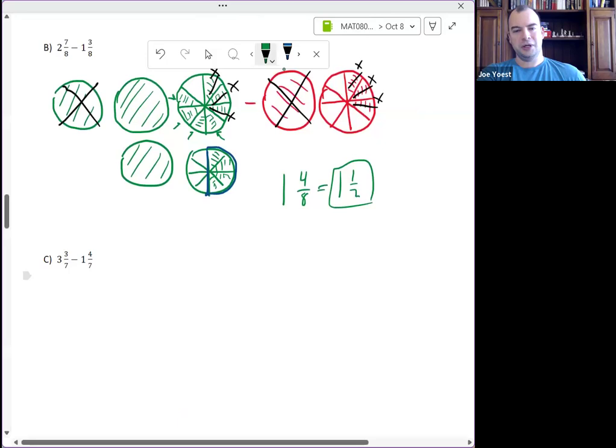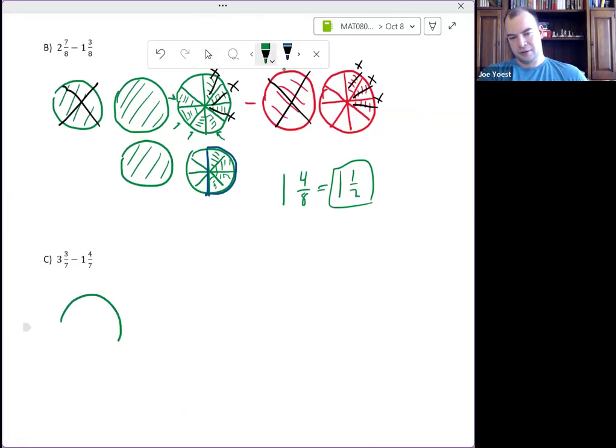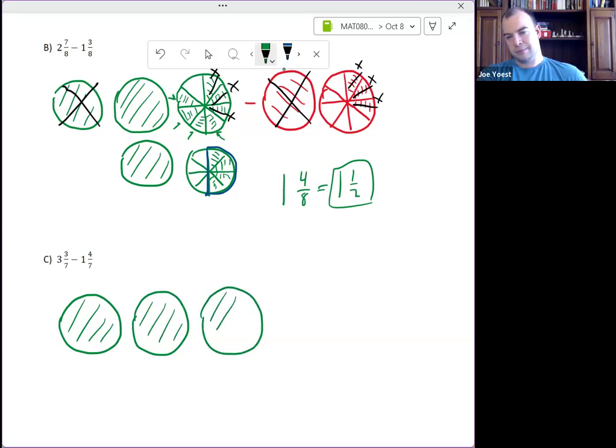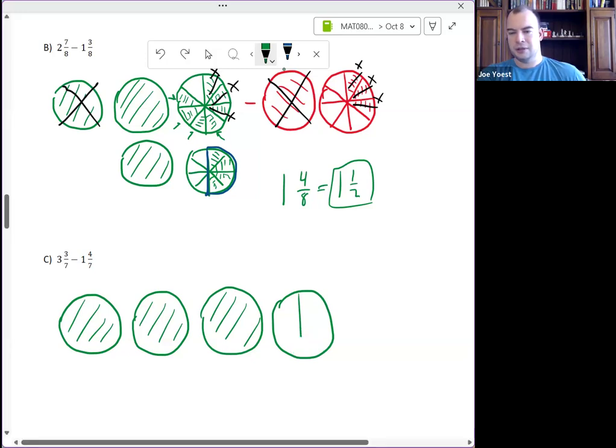What about something like this? 3 3/7 minus 1 4/7? Let me redraw those division lines there. So there we go.